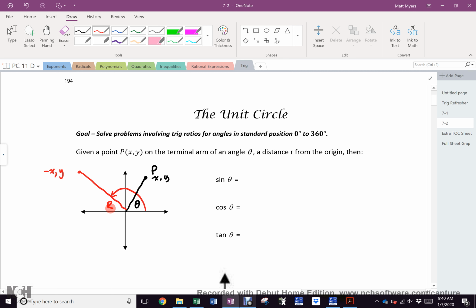The reference angle. Right? What if P is down here? What do I know? Where's theta? All the way around. And where's reference? Right there. Right? And that little part of theta is what I do trig with.